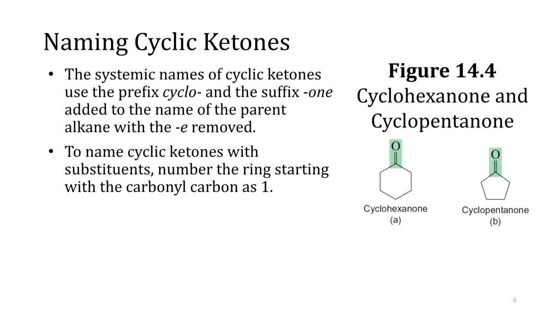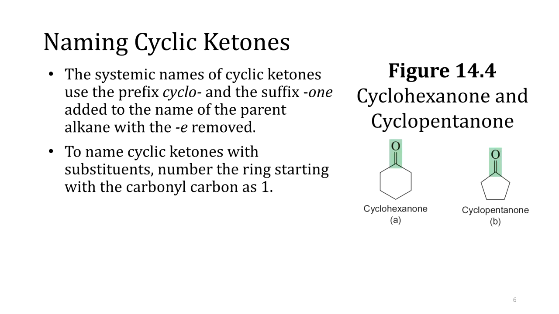There are cyclic ketones. Of course, there aren't cyclic aldehydes. Those can only be an aldehyde on an appendage off of a cyclic group. So if we take a cycloalkane ring and replace one of the carbons with a carbonyl group, we have a cyclic ketone. For a cyclic ketone, we simply remove the E and add ONE.